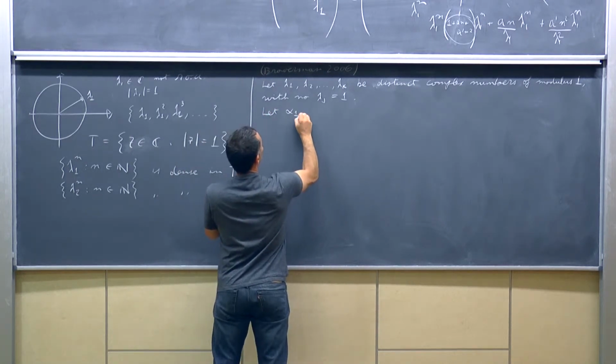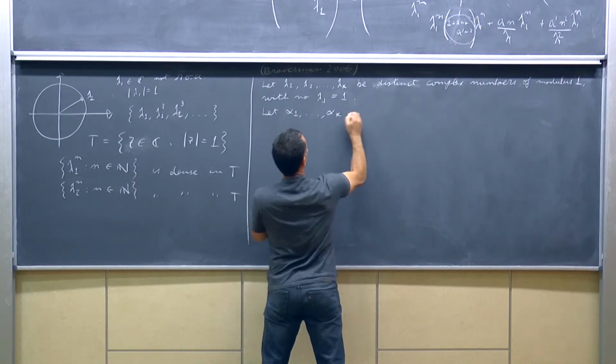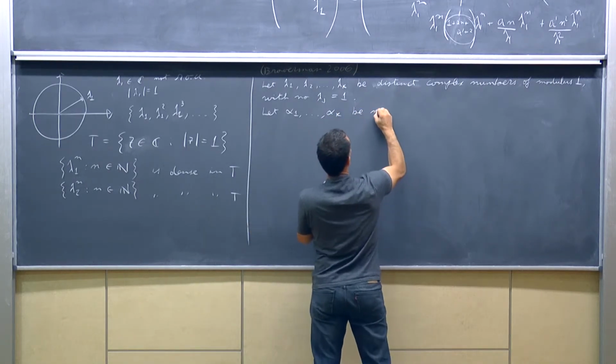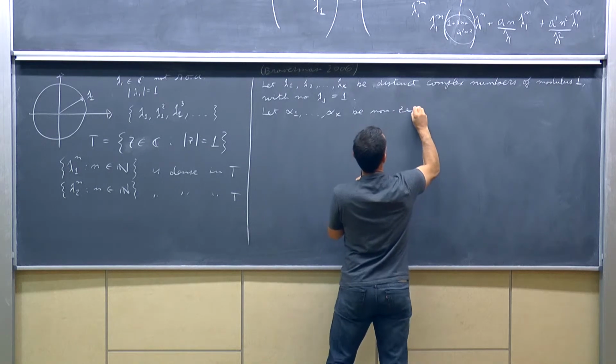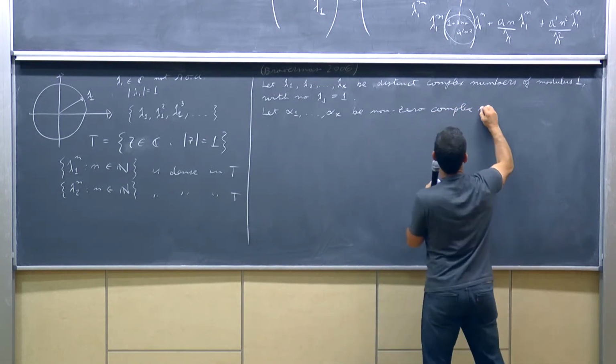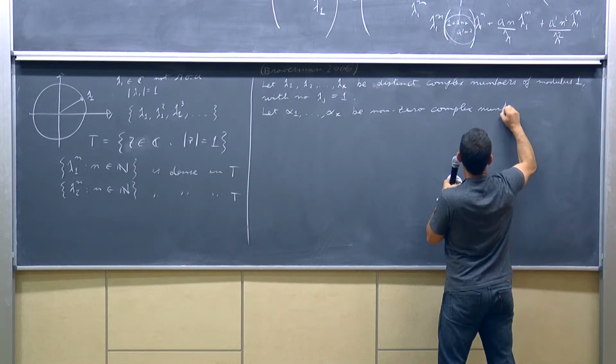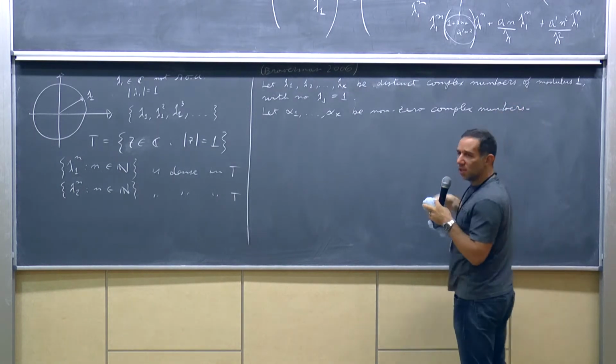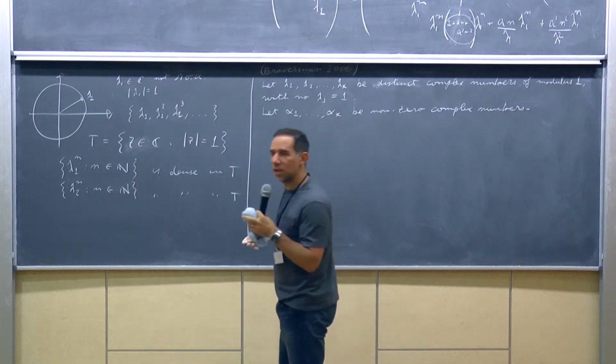Let alpha 1 up to alpha k be non-zero complex numbers. They could be the same. It doesn't matter. They're non-zero. They're not necessarily of modulus 1.